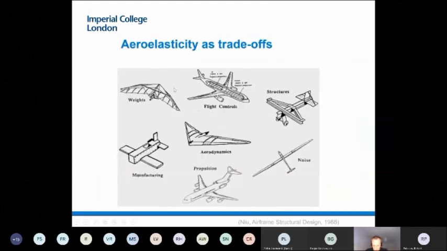So let me see. This is what I was discussing about before. Aeroelasticity, you can see it as basically design effectively. It's the ability to have trade-offs between competing interests. And again, I'm bringing my aerospace background here, but I think it's more intuitive to see things in that context. If you were to design an aircraft from the point of view of an aerodynamicist, it will most likely look like this.